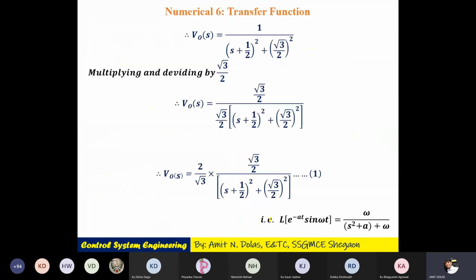We may simplify this equation. V of s will be equal to 1 upon s plus 1 by 2 whole square plus root 3 by 2 whole square.